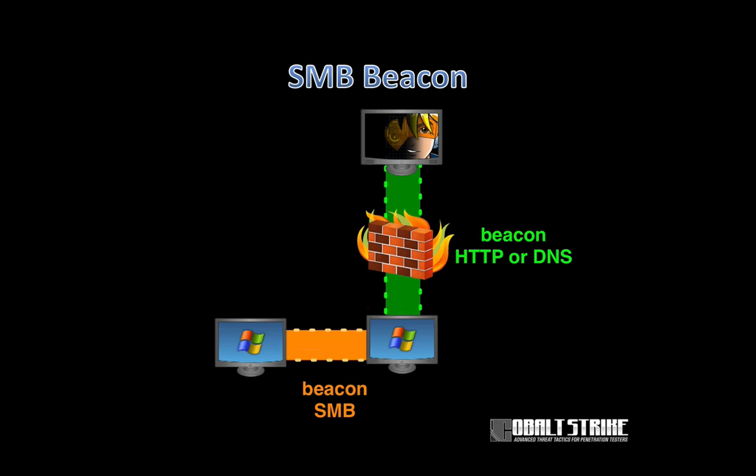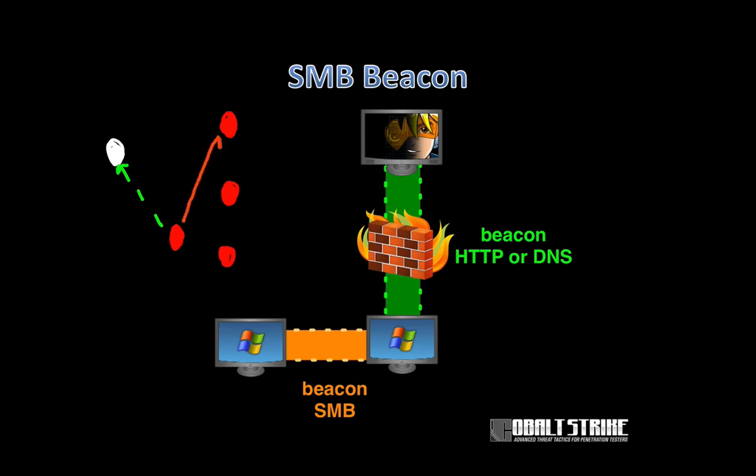One thing that this particular diagram doesn't do justice to is the idea that you can have your team server, and yes, you can have your initial foothold beacon, and that initial foothold beacon is of course beaconing out. And that initial foothold beacon can of course control multiple child sessions over named pipes.